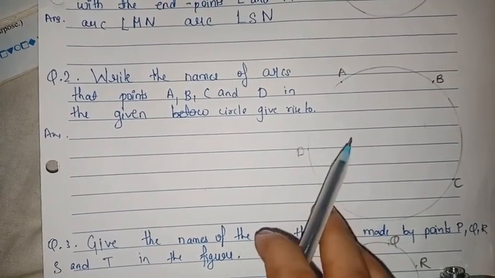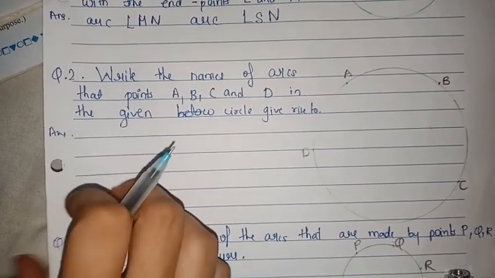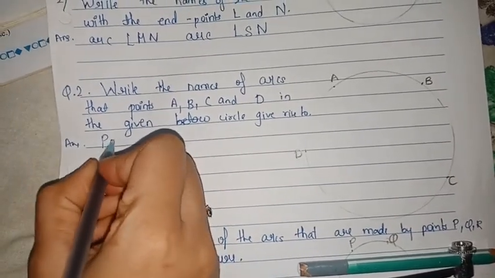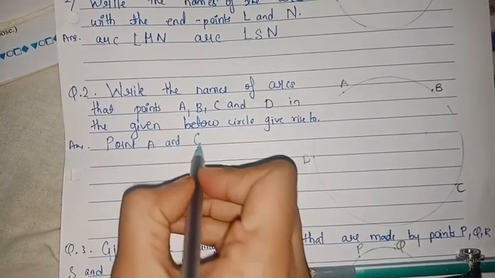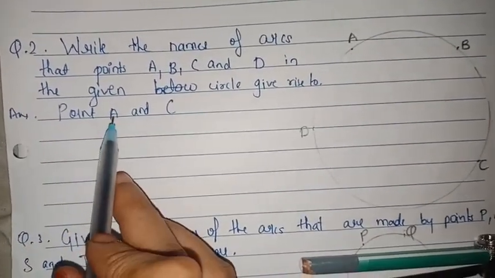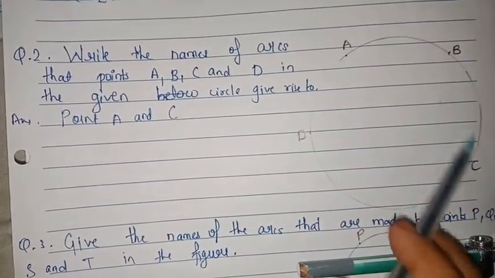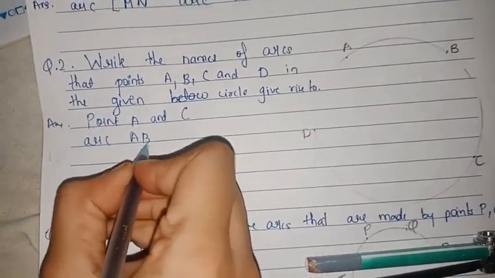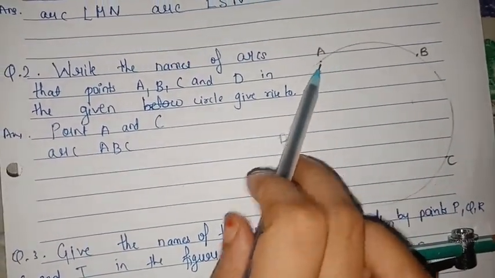Means we have to use all four points of the circle and name all the arcs formed. Okay, so first we will take points A and C. Now we will name the arc with end points A and C. So first arc is A, B, C. Okay, arc A, B, C. Now second arc is arc A, D, C.